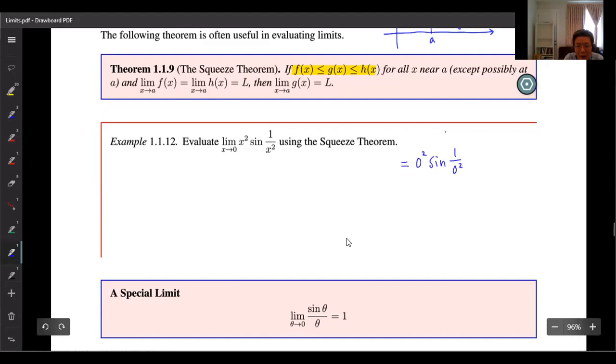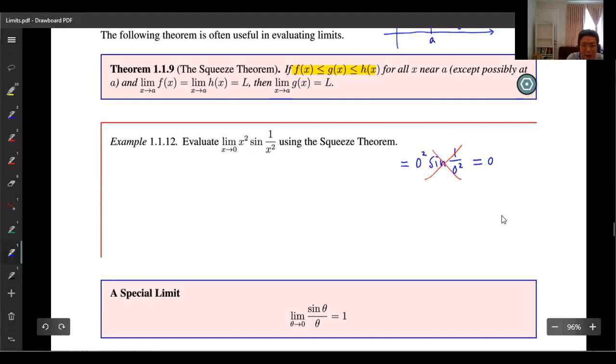This is my limit. Does it work or not? Let me know. Probably not. You cannot plug in because 1 divided by 0 is undefined. No.